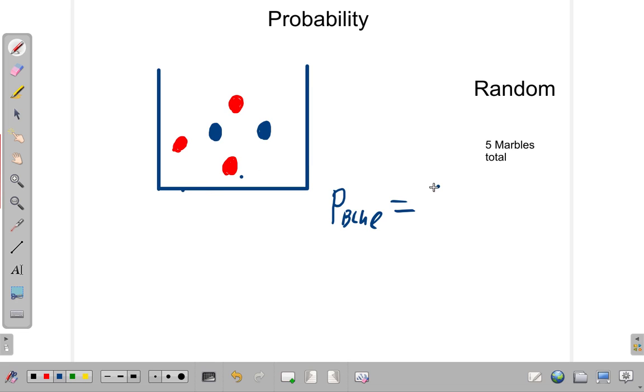So what you have are 2 blue marbles divided by the total number of marbles, which is 1, 2, 3, 4, 5. So your probability of picking a blue marble is 2/5. You can rewrite it as 0.4 or 40% if you want. All right? But for now, let's just stick to the fraction. So that's your probability of picking a blue marble.